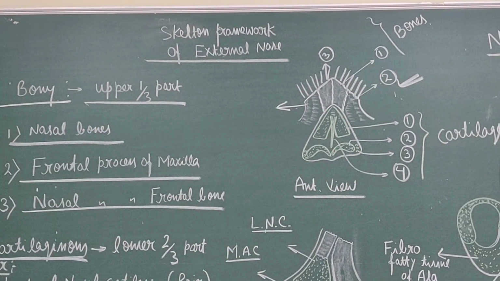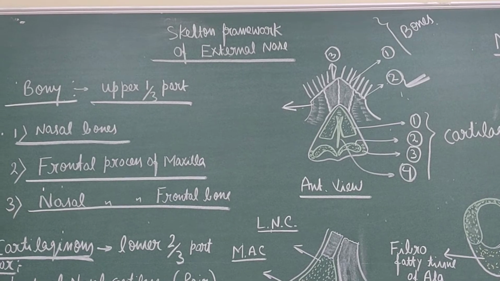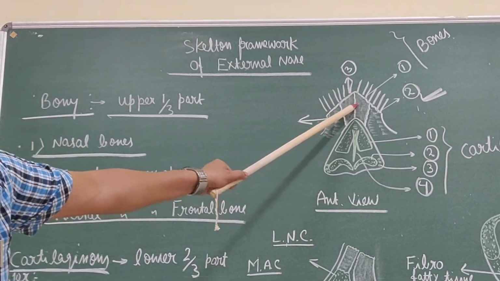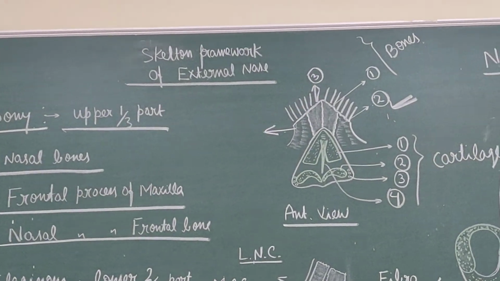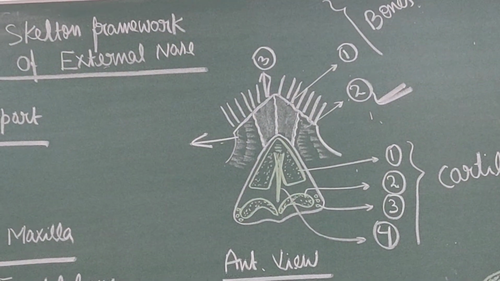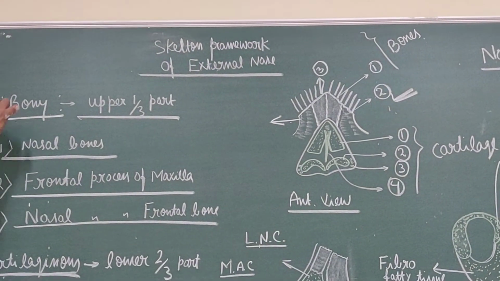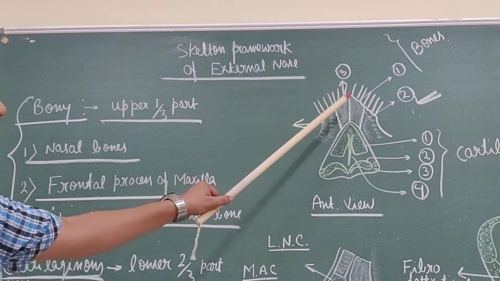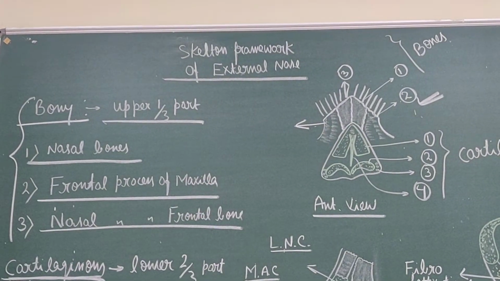This is the nasal process of the frontal bone, where this nasal bone is articulated with the sutures. So these are the bony parts that participate in the formation of the skeleton framework.